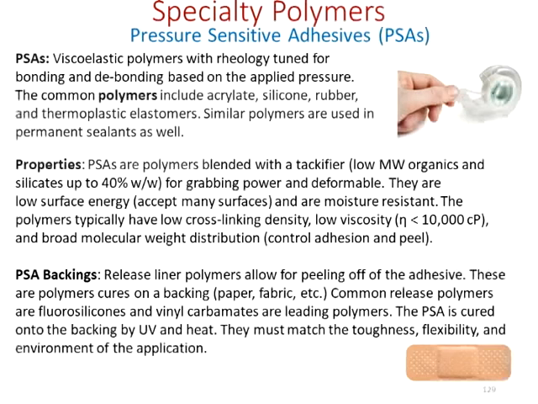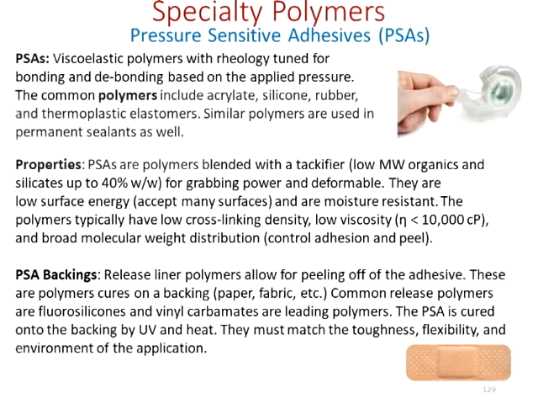The properties of PSA polymers: they're blended with what's called a tackifier. So you put in a low molecular weight organic resin, it makes it tacky, and that's for the grabbing power and deformability of it. You want to put a tackifier in the polymer blend.